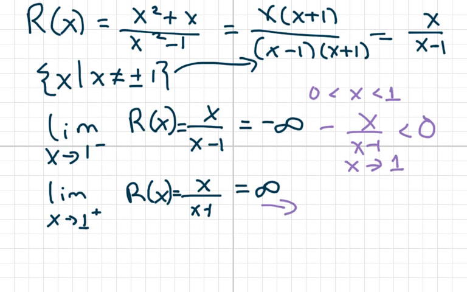And this one, the same thing. When x is greater than 1, x over x minus 1 is positive, so it becomes unbounded. These become unbounded.